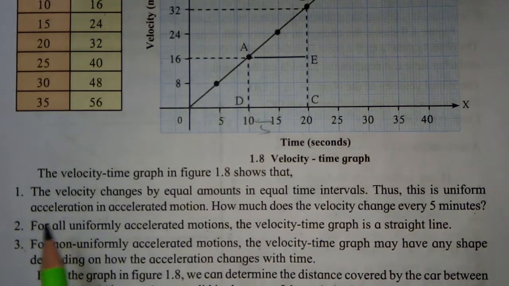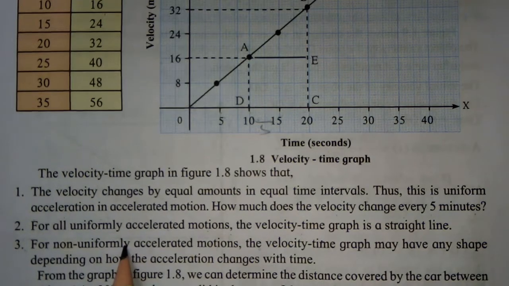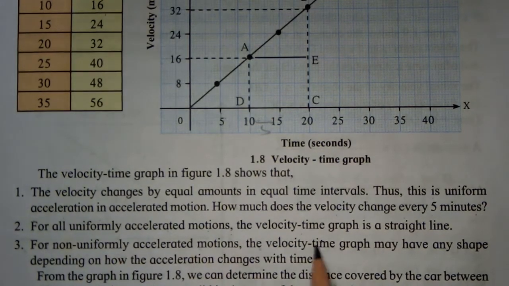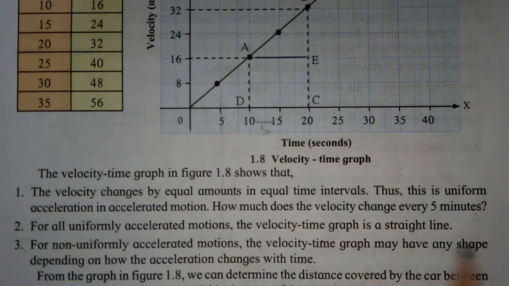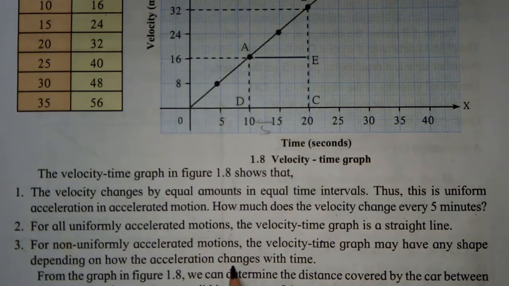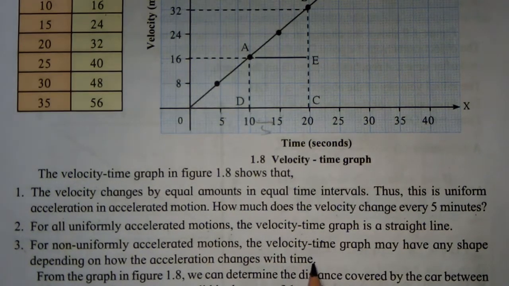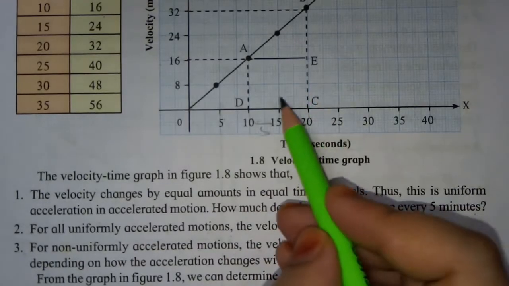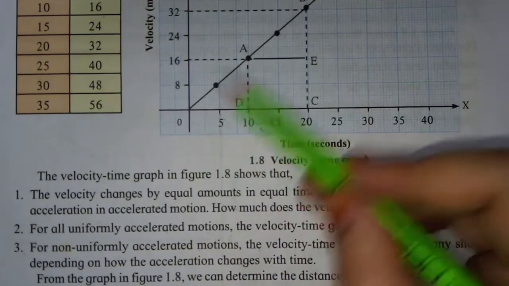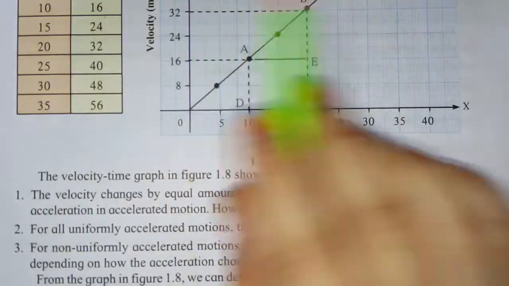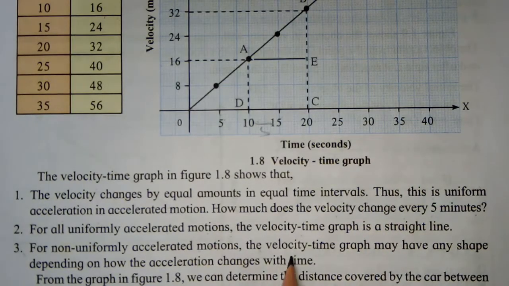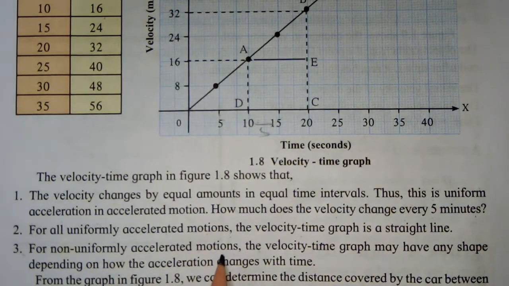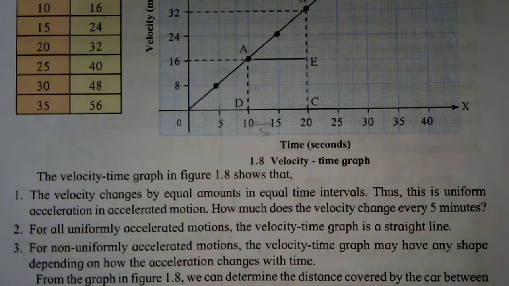Point number 3 is, for non-uniformly accelerated motion, the velocity time graph may have any shape depending on how the acceleration changes with time. That means in uniformly accelerated motion it will be a straight line, but if it is not a straight line, then it is non-uniformly accelerated motion. It will be any shape but not a straight line.